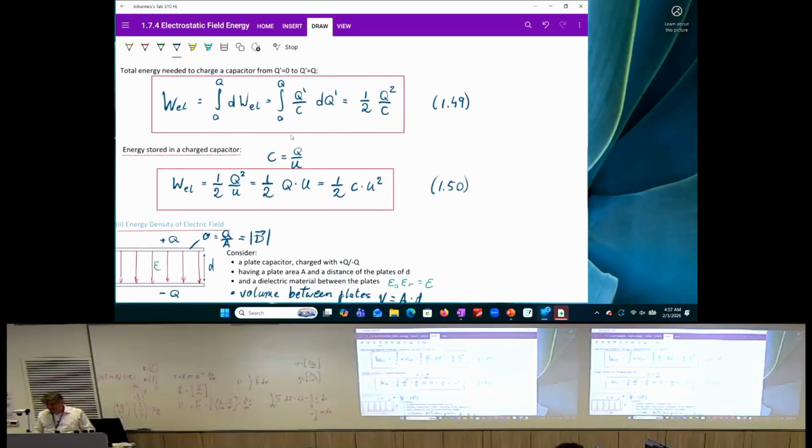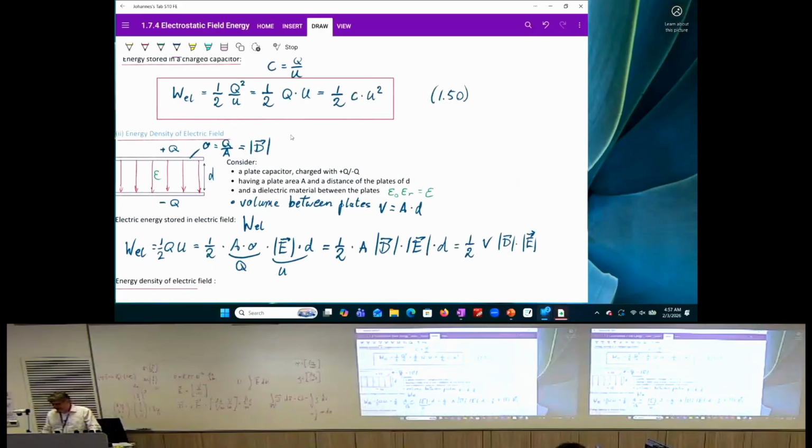And we also can conclude that this mechanical work that we need to charge, we have to put it in. We have somehow always a conservation of the energy, so that mechanical work that we have inserted must be stored in some way in this capacitor, and that is basically stored as electric energy.